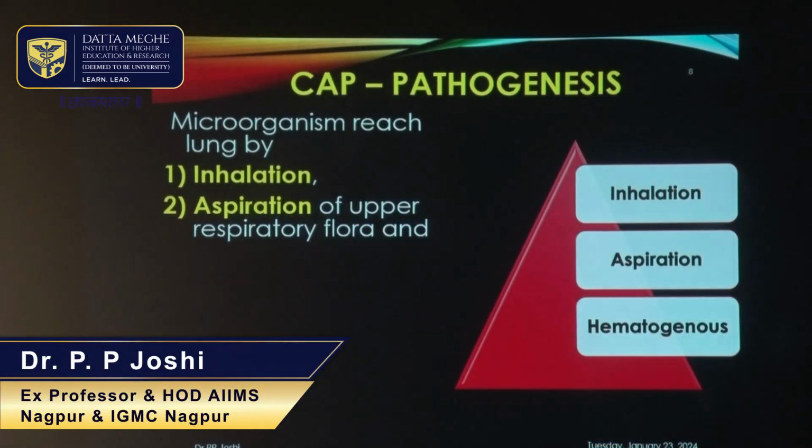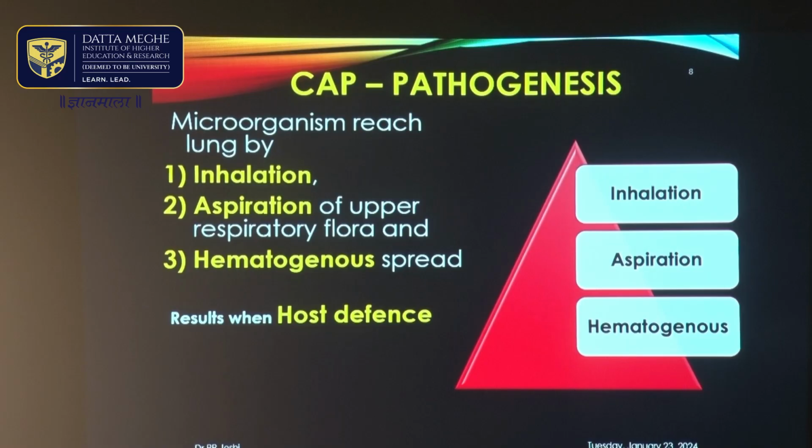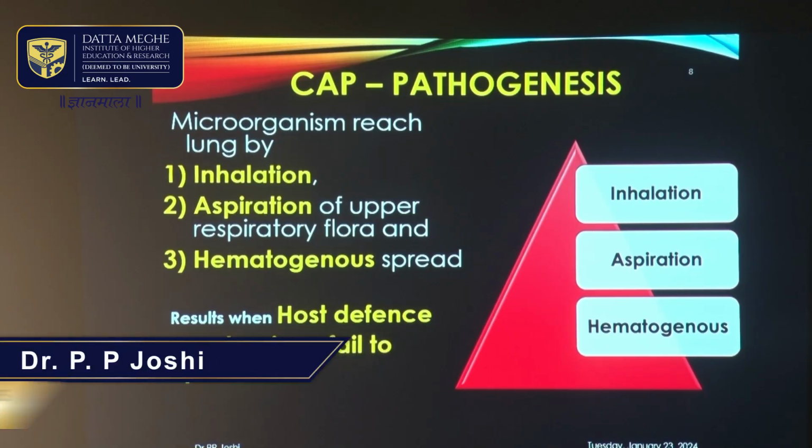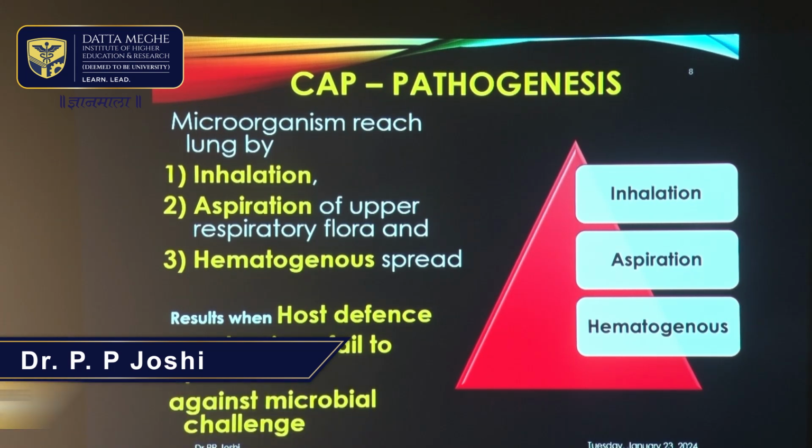If you see the pathogenesis, microorganisms can reach the lungs by any of three mechanisms, that is, by inhalation or aspiration of upper respiratory flora, or through the bloodstream, the hematogenous route. And it results when the host defense mechanisms which actually prevent pneumonia fail to protect against microbial challenges.